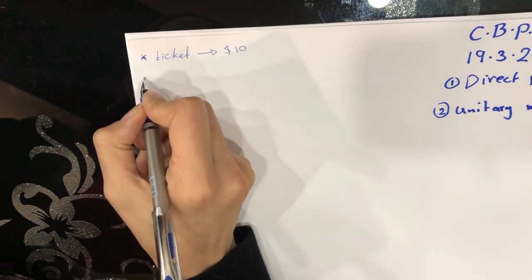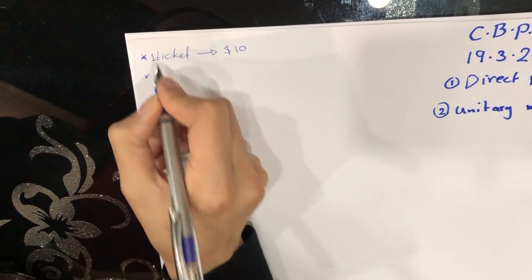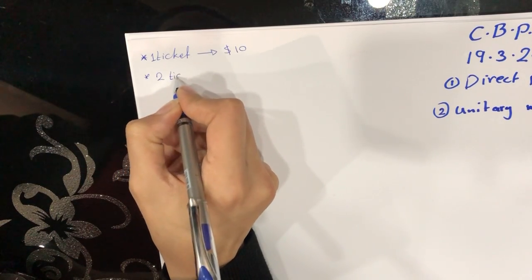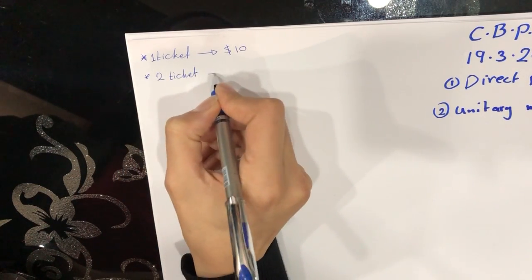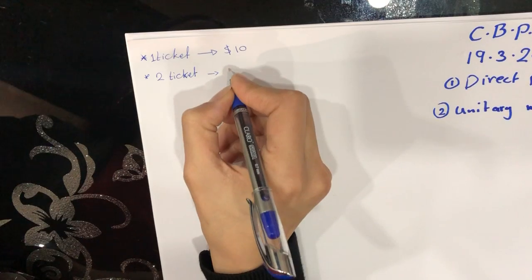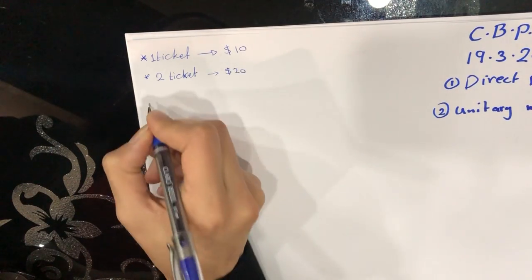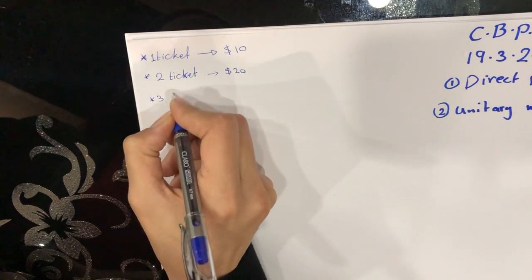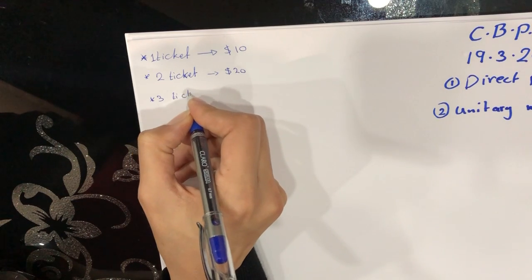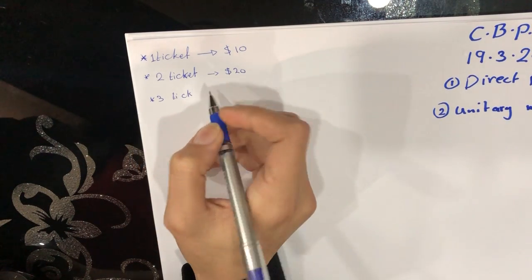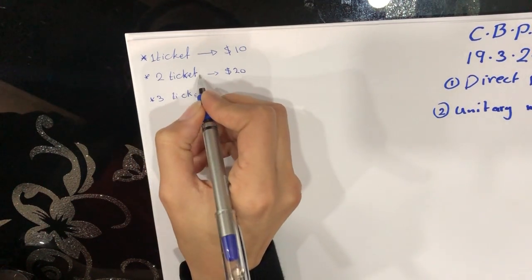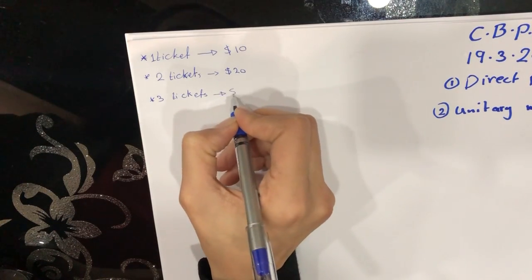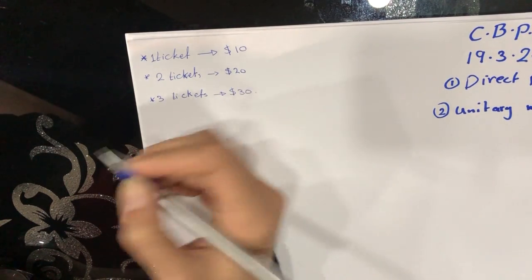If I am thinking about buying two tickets, it'll cost me twice as much, so it'll cost me $20. If I want to buy three tickets, it will be 3 times as much, so it will cost me $30 and so on.